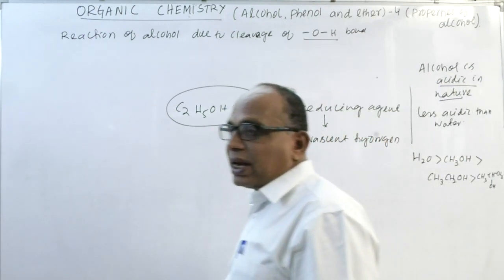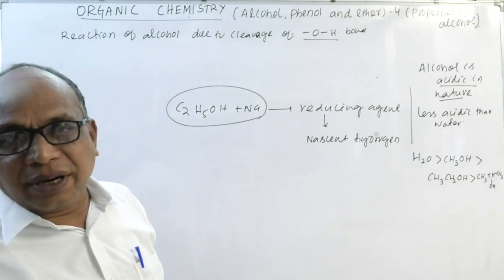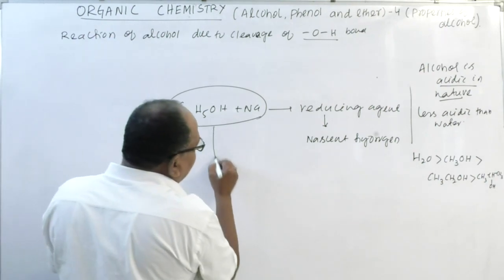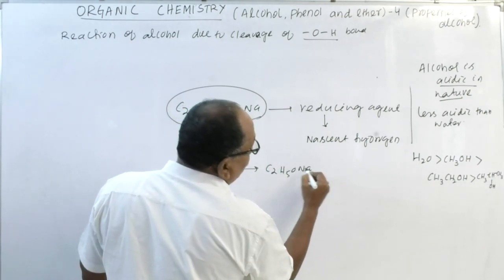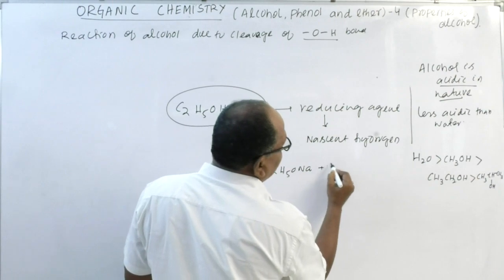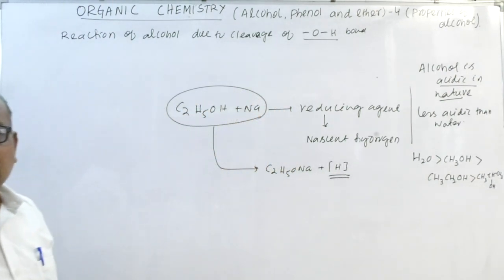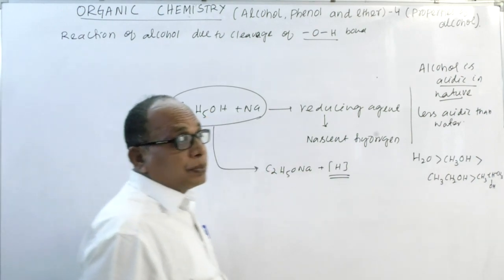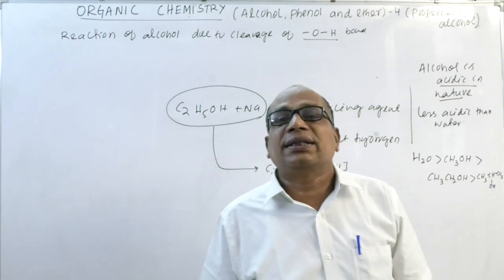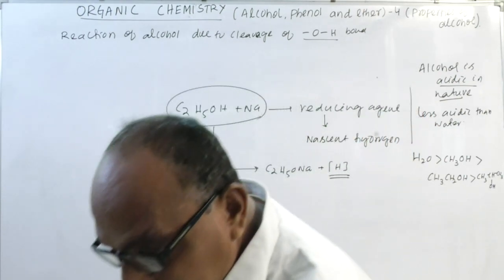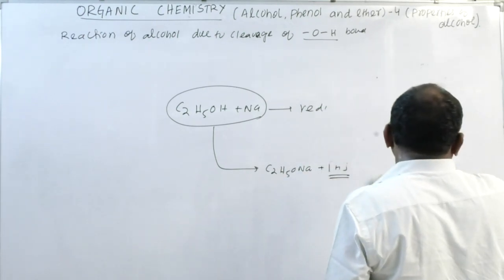So this nascent hydrogen reduces the substrate molecules. When this reacts, it produces C2H5ONa, sodium ethoxide, plus the nascent hydrogen. That's why the mixture of sodium and ethanol acts as a reducing agent. Okay, students, this is the reaction of alcohol with metallic sodium.